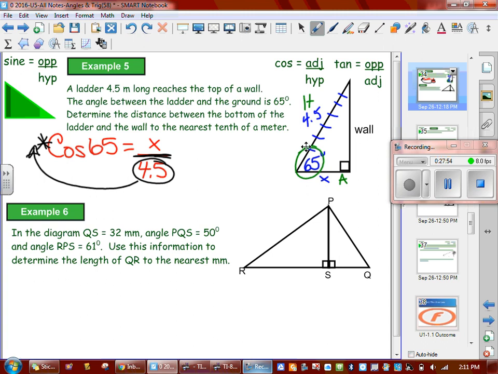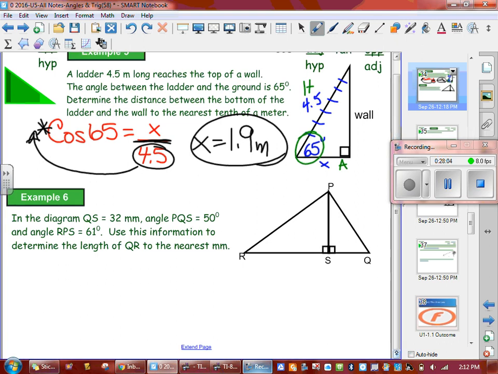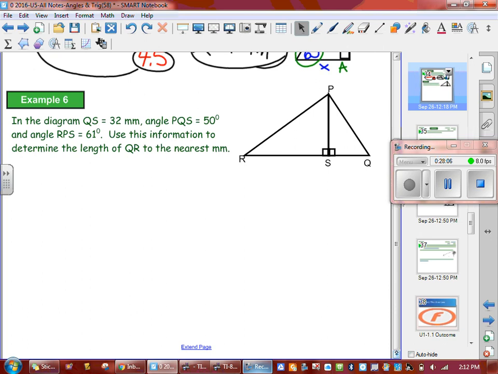Now, when we spoke about triangles that were joined, whenever you're talking about triangles that are joined, you always need to find the side that they join by, if they don't give that to you already. So let's label everything they tell us. Q to S is 32 millimeters. Angle PQS, so P to Q to S, that's this angle right here, is 50 degrees. And that means this angle up here has to be 40 degrees.